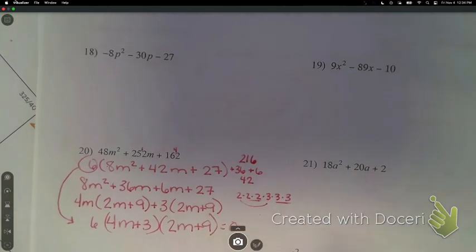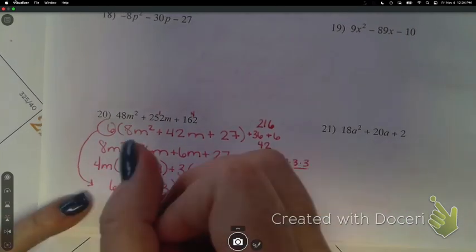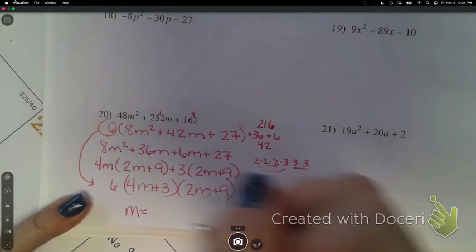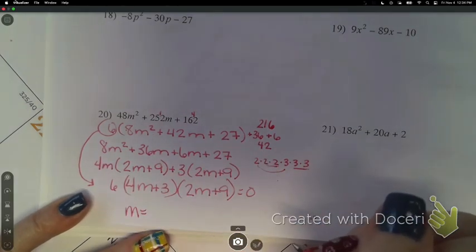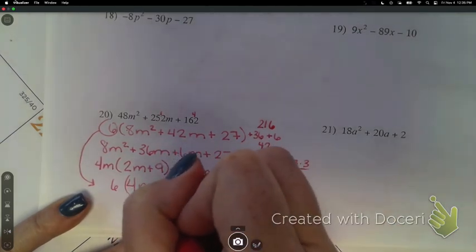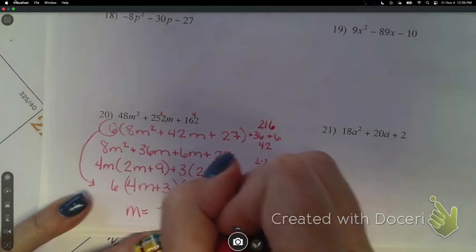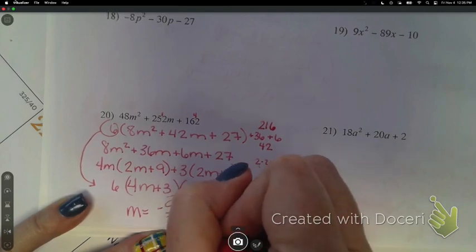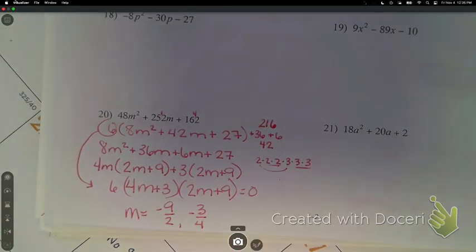Oh. And don't forget to solve for M. How did you get it again? The M equals.